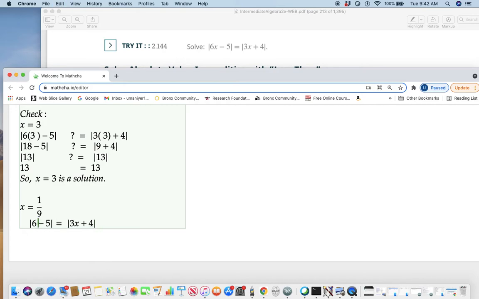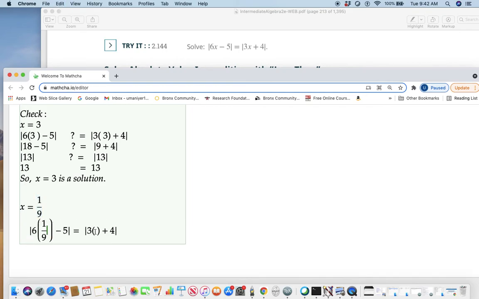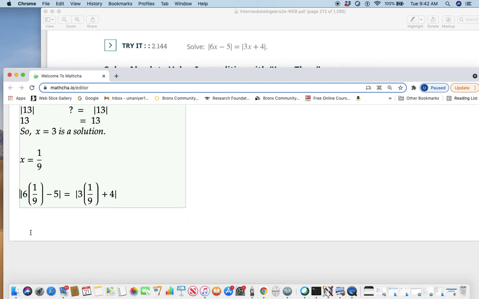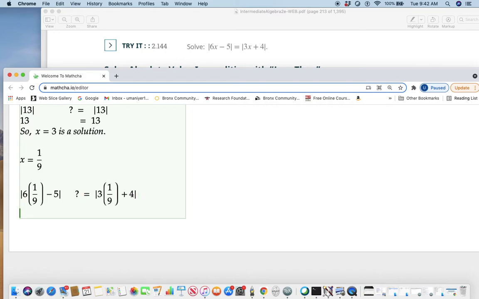We replace x by parentheses first, and fill in the parentheses by 1/9. Okay. Question is whether they are equal. So don't forget question mark.